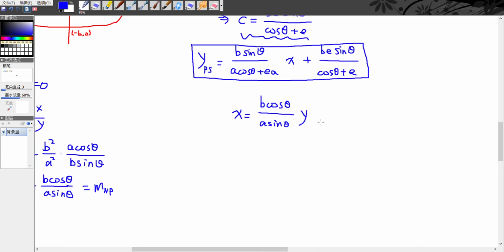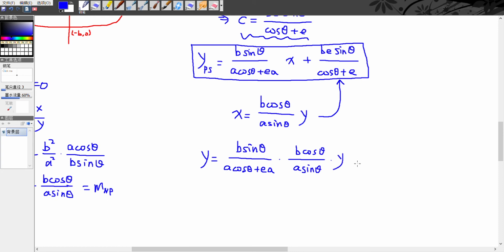And from this, we can substitute this into this, and we will have y equals b sine theta over a cosine theta plus ea times b cosine theta over a sine theta times y plus b e sine theta over cosine theta plus e.